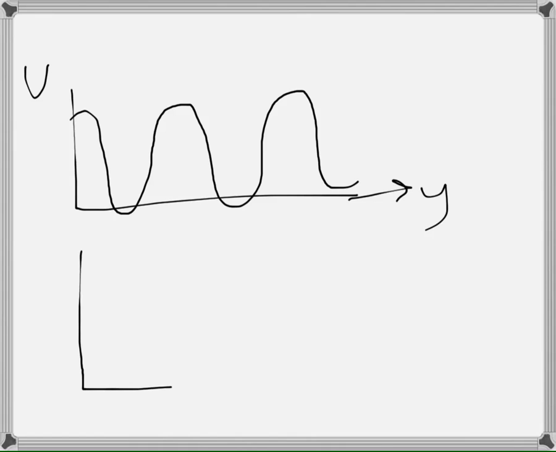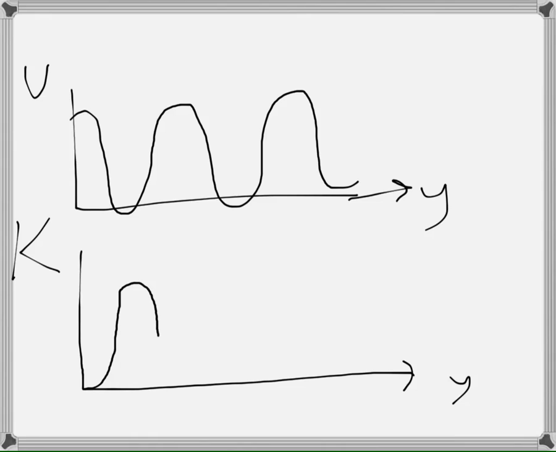Similarly, on the LabQuest, you will also see that the kinetic energy as a function of y is changing like this. It will be maximum where the potential energy is minimum, and it will be minimum where the potential energy is maximum.